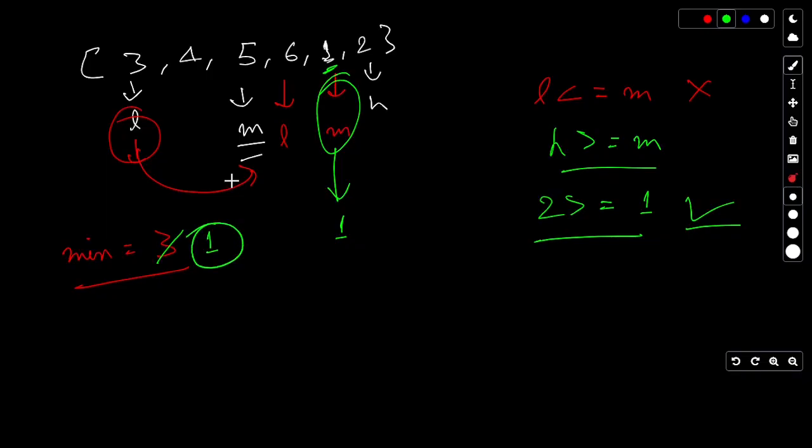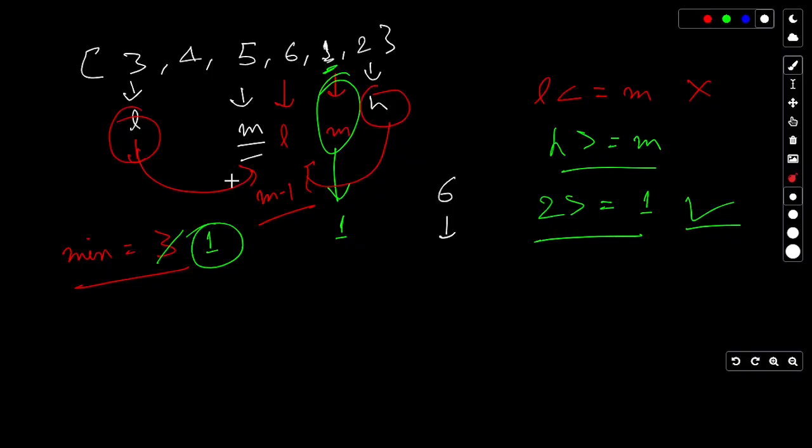And finally, after doing everything like this, we will update our high to mid minus 1. And what happens then is we will have all of the three pointers at 6.